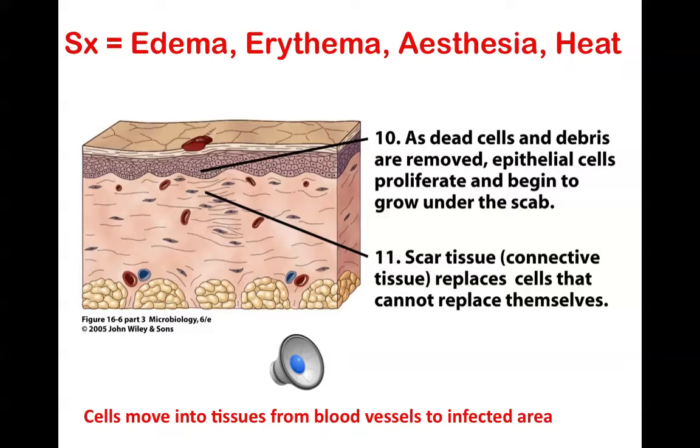The scab falls off, and the connective tissue and cells that have now replaced the damaged area have sealed up and formed a nice, intact, complete physical barrier once again. So that inflammatory process is very important to initiate and to be part of the healing process of eliminating even a simple wound.